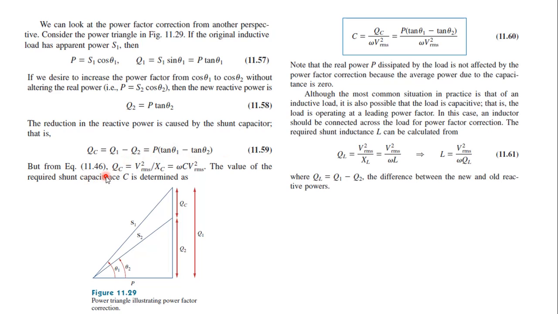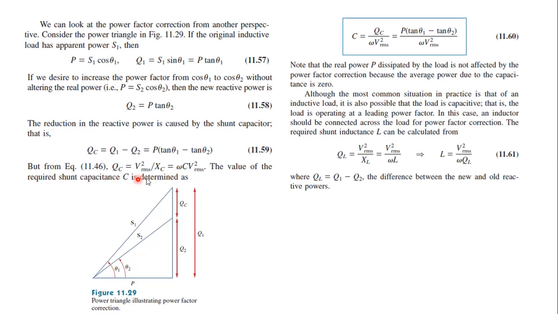So from equation 11.46, we know that reactive power is equal to Vrms squared by Z star. So here it is reactive power, so you can write it with Xc, the capacitive reactance. Capacitive reactance Xc is equal to 1 by j omega C, right?